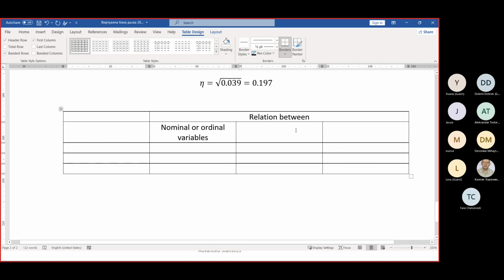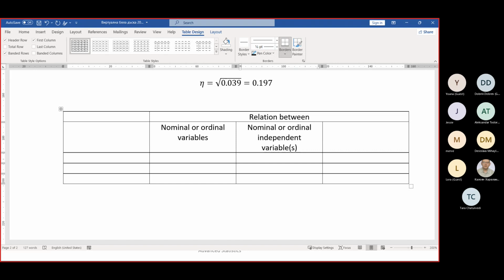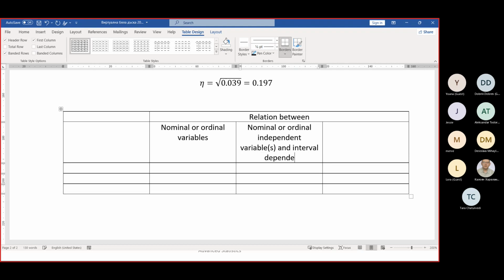Relation between nominal or ordinal independent variable or variables and interval dependent variable, and relation between interval variables.